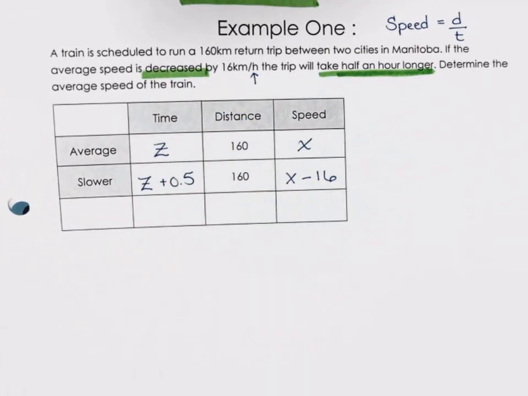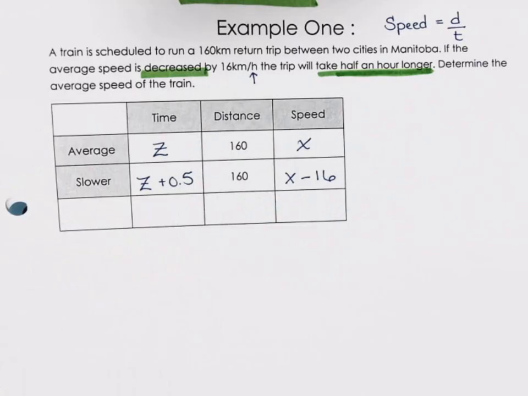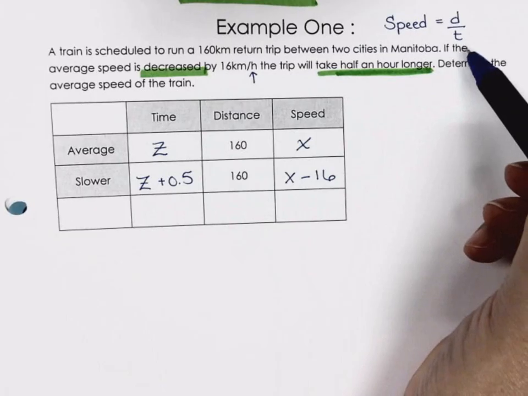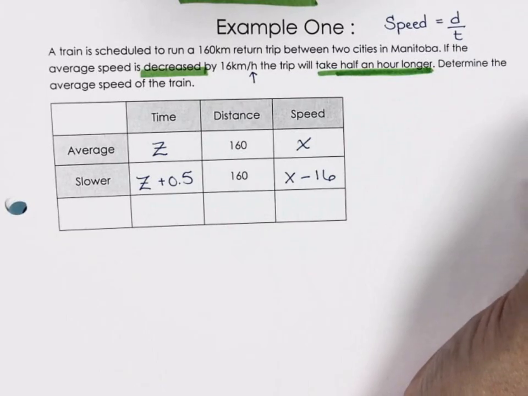That's not terrible. We'll get all the pieces of the table. Super handy. Okay, so now we're going to set up the formula, and we said that speed was d over t. Everybody with me so far?